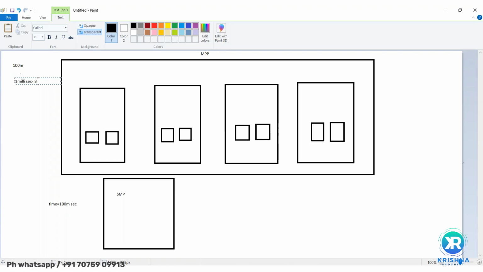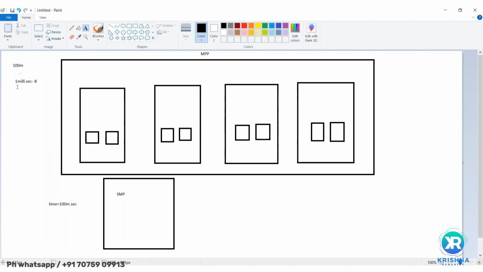Because the data will be distributed to all the slices. We say data will be distributed to nodes, but actually it is distributed to the slices. So since you have 8 slices, in 1 millisecond all 8 records will go. 1 2 3 4 5 6 7 8. Similarly, in the next millisecond 8 more, in the next millisecond 8 more, next millisecond 8 more.